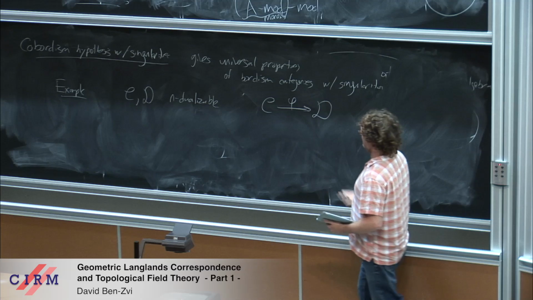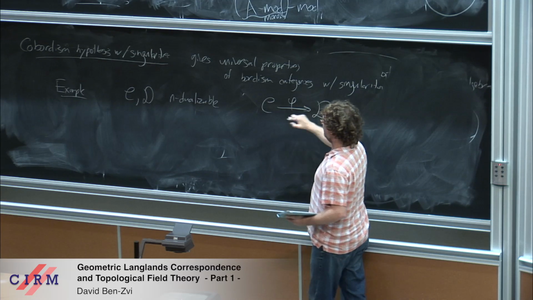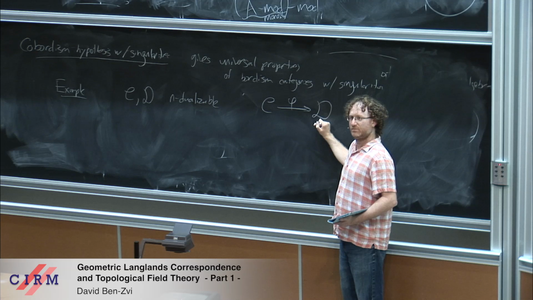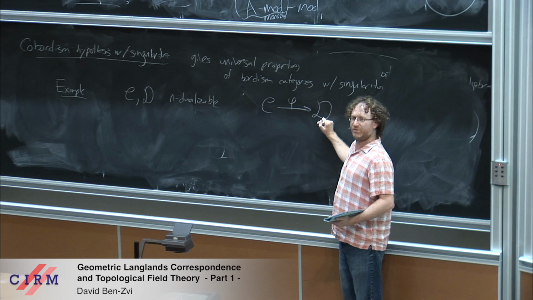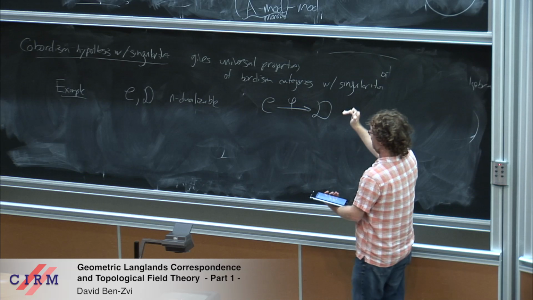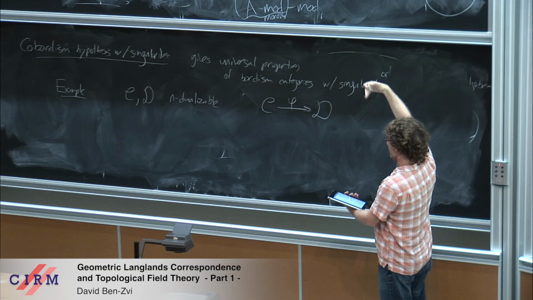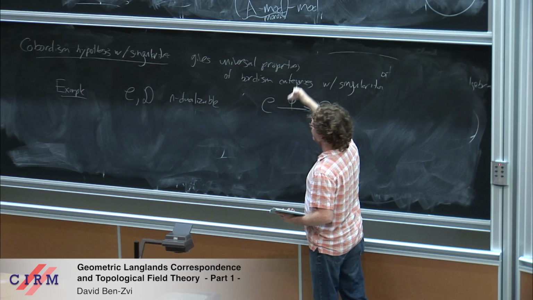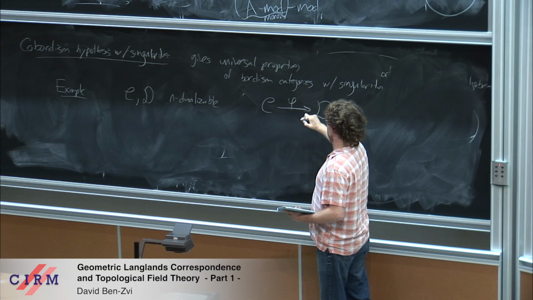You can ask, what can I do with a map of field theory? If you ask for this map to be a map in the n-dualizable world, you'll find that this map has to be an isomorphism. If you restrict all your maps to be n-dualizable all the way up, you'll see that at the very top you need adjoints at every point. At the very top level, you'll start building inverses.